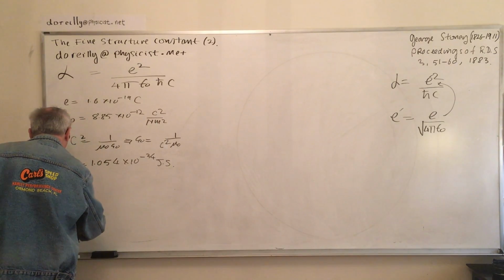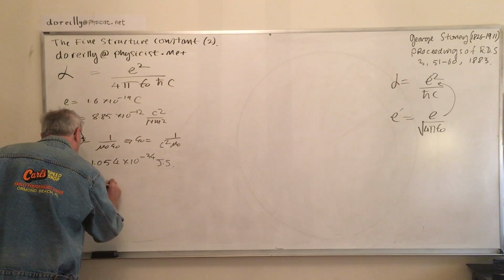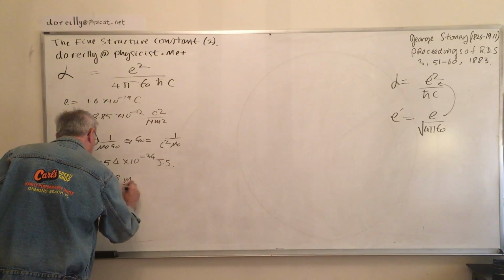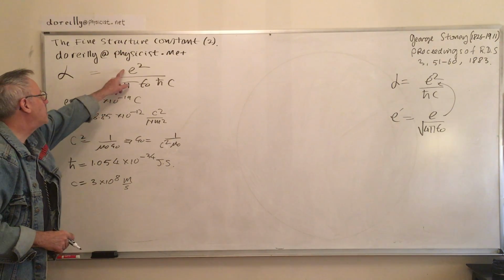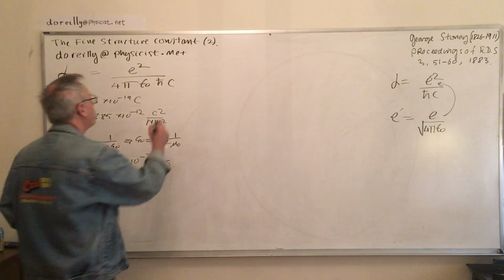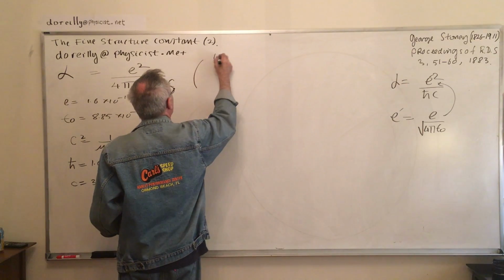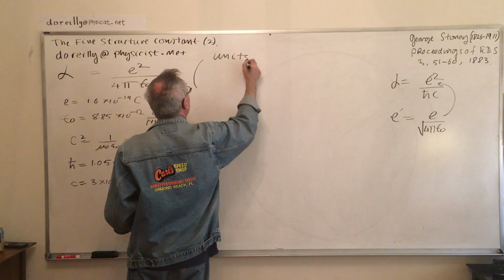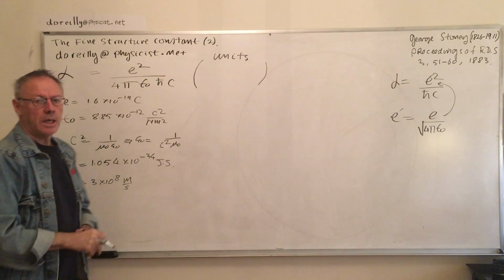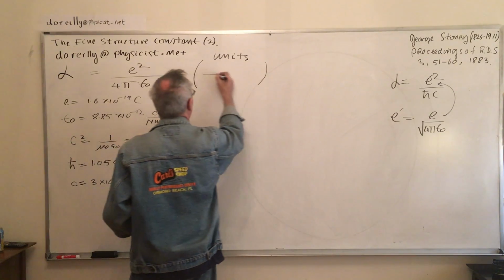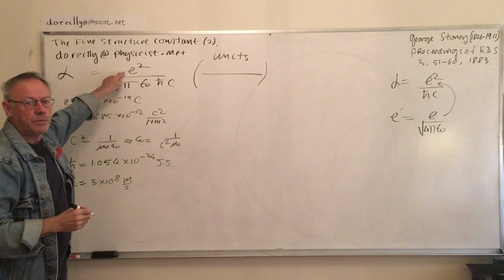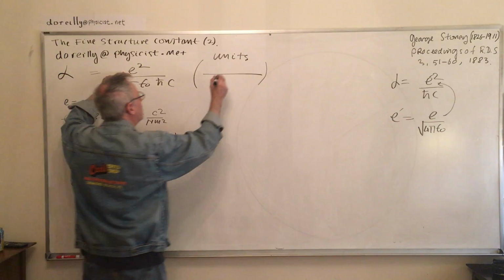And c is the speed of light. 4 pi is dimensionless. So let's do units, because I want to put in the numbers and I don't want to be throwing the units all over the place. e squared is going to be coulombs squared.